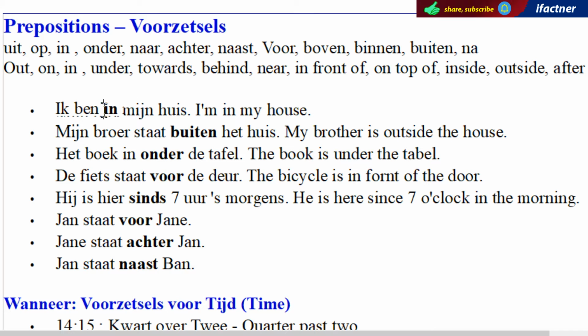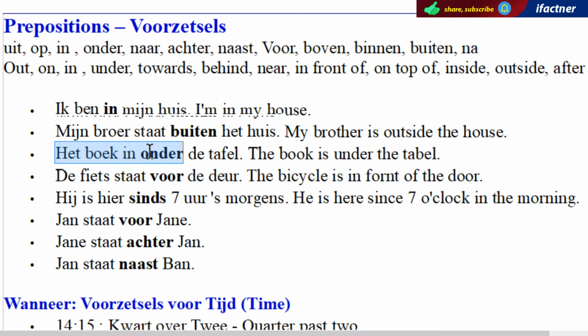Here we have used in as a Voorzetsel. Mijn broer staat buiten het huis. My brother is outside the house, or my brother is standing outside the house. So buiten is another Voorzetsel.